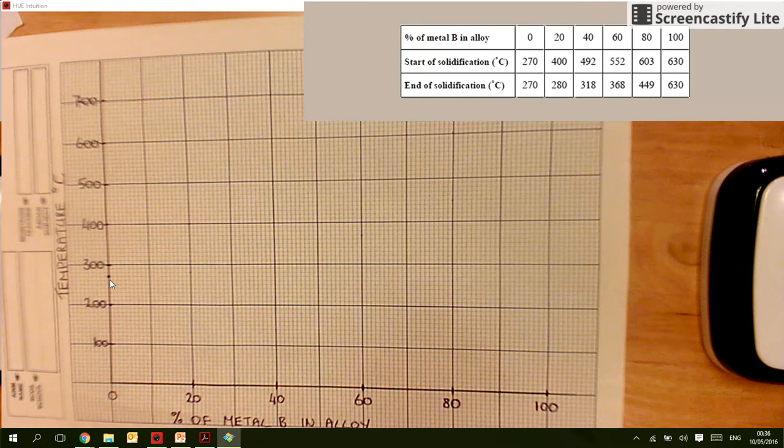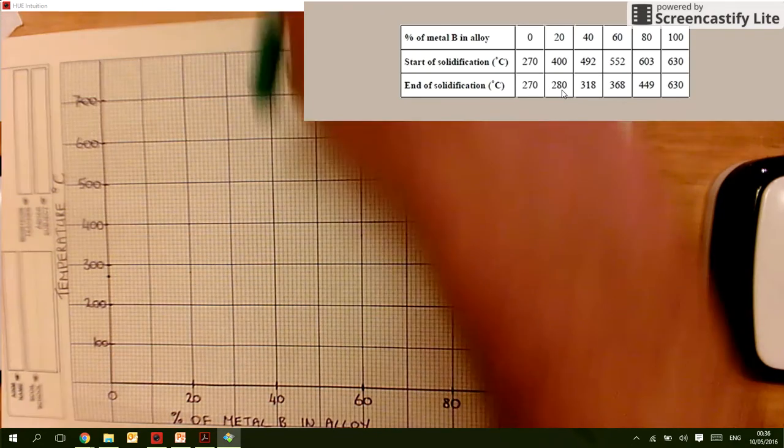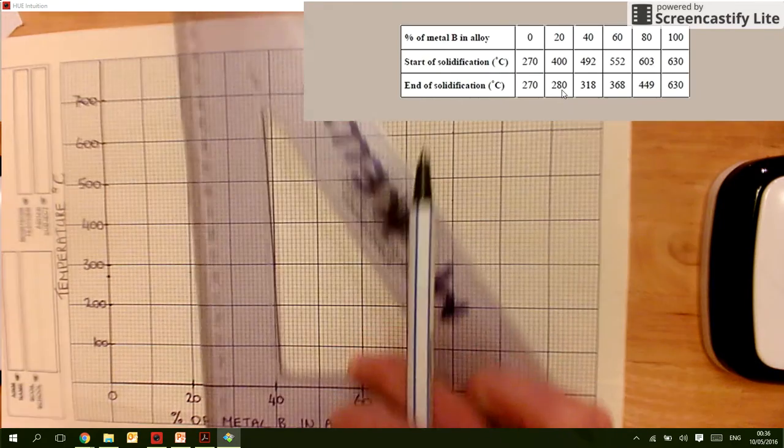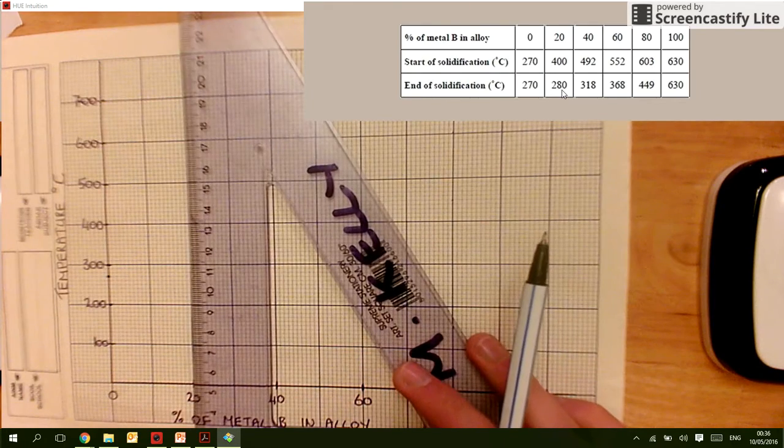For the second point on my graph, at 20% metal B in the alloy, you'll see that the solidification starts at 400 degrees Celsius and ends at 280 degrees Celsius. So for the purpose of this exercise, I'm going to use a green pen. You'll be doing this lightly in pencil on your graph. All graphs should be done in pencil.